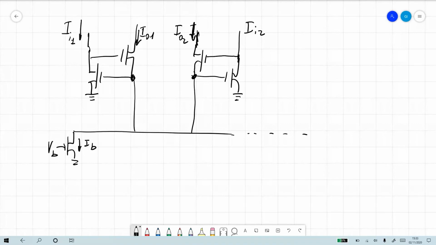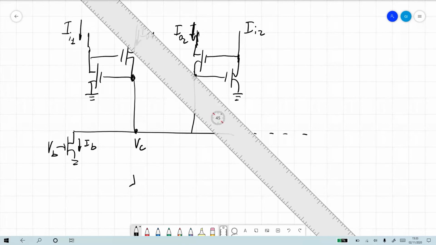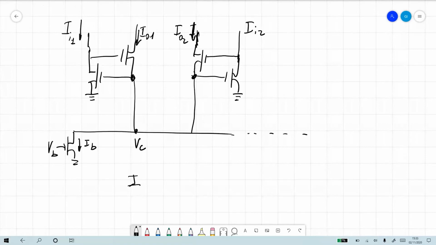So you can imagine we can easily get away with the case in which the two inputs are the same. What happens, this would be a common node voltage VC. I in 1 is equal to I in 2. What happens to the outputs?